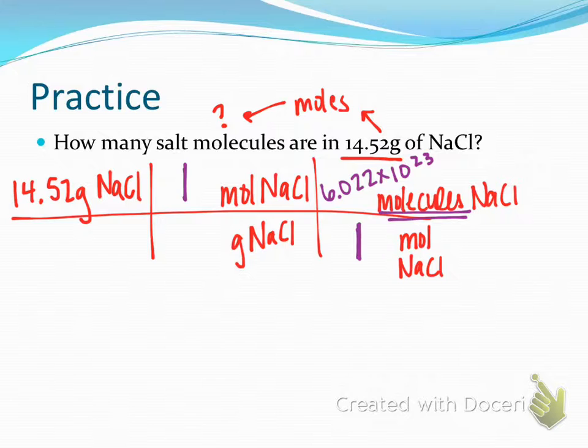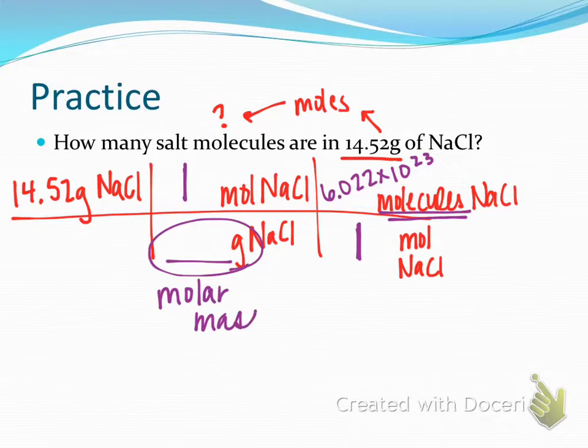And what number always goes with grams? How many grams are in 1 mole? This is always molar mass. So with the unit grams, it has to be molar mass, always.